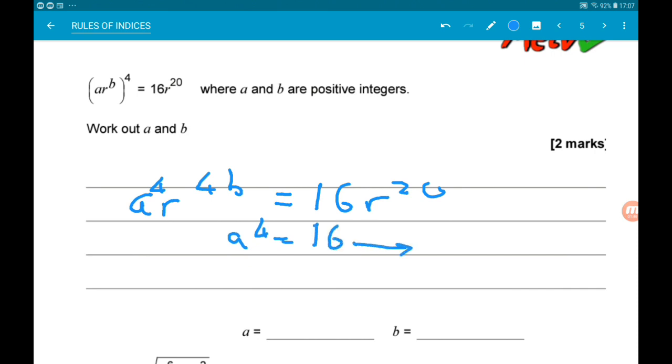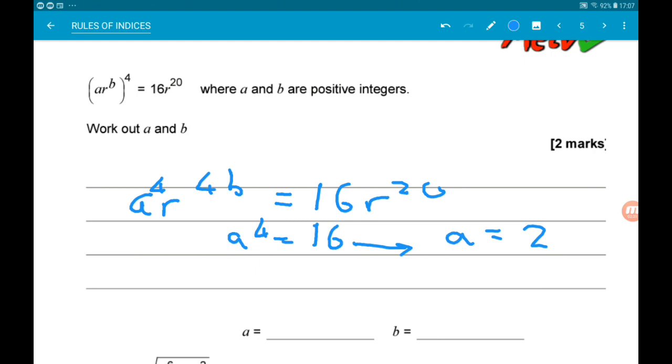So now we need to work out what number to the power 4 is equal to 16. So 1 times 1 times 1 times 1 is 1. 2 times 2 times 2 times 2 is 16. So a is 2.